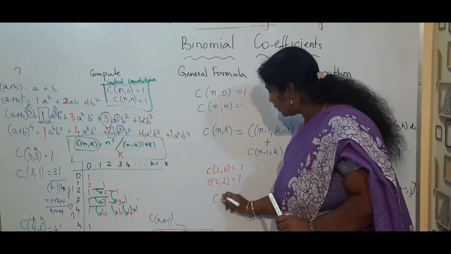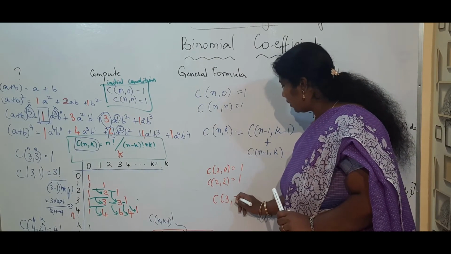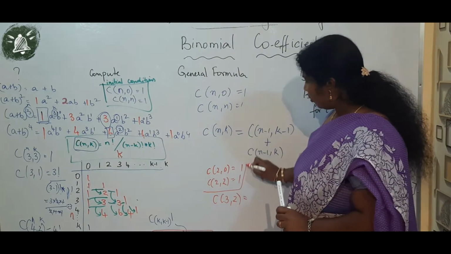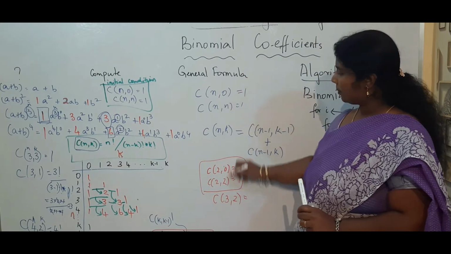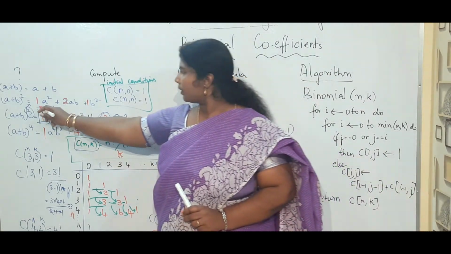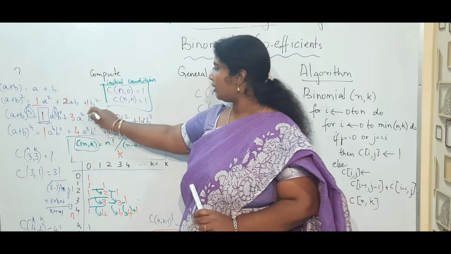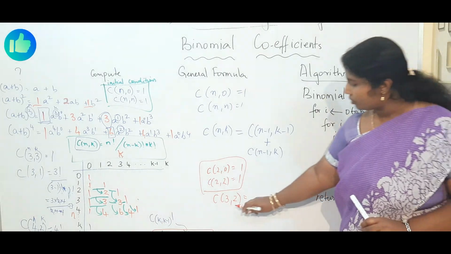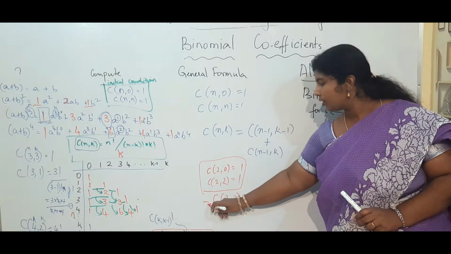Making use of this, 3 comma 2 I can already get from these formulas. This is nothing but 2 comma 2 and 2 comma 0, as 1. Now I am going to compute this one.